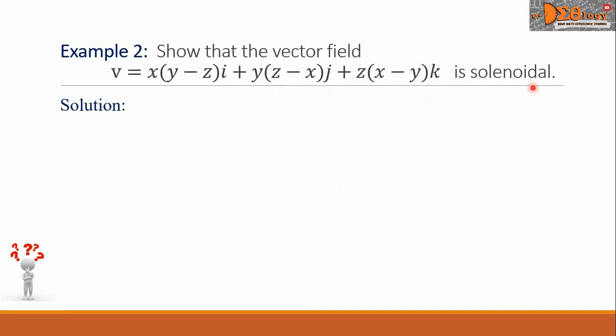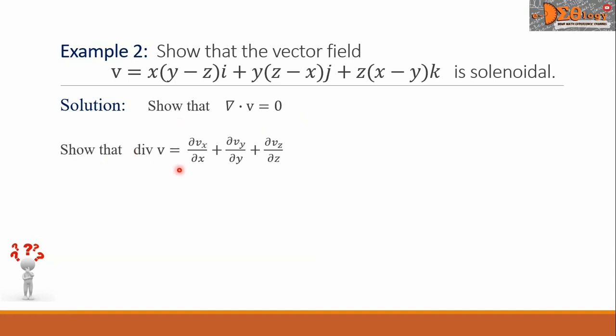So what we're going to do here is to show that the grad dot v equals 0, which means we're going to show that the divergence of v, which is equal to this formula with partial derivatives, is equal to 0. So step 1, we list down v sub x, v sub y, and v sub z.